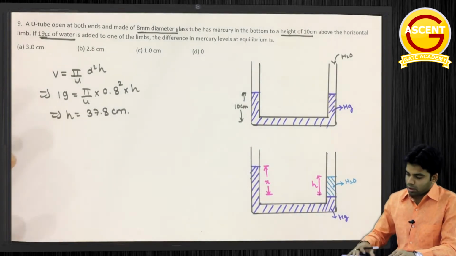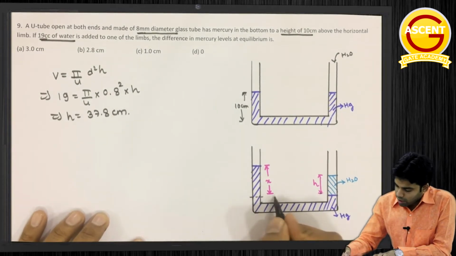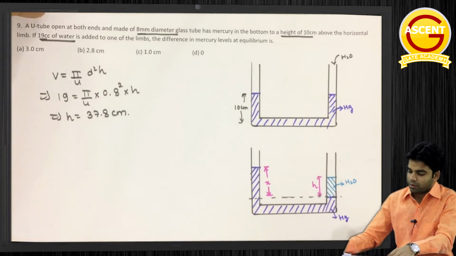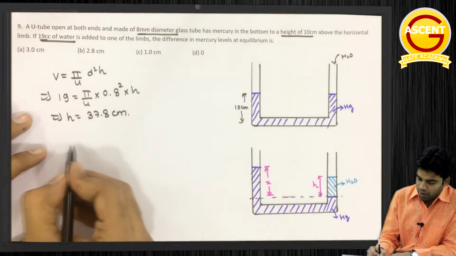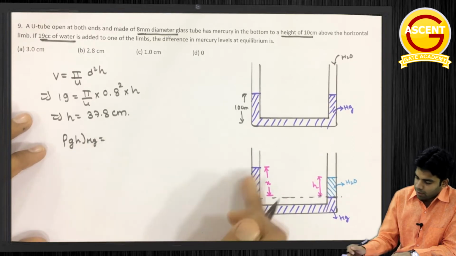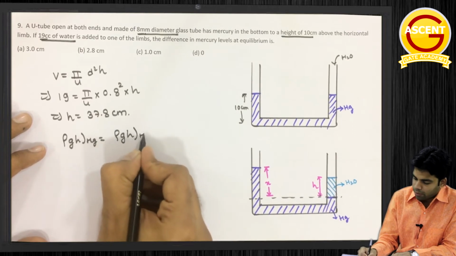Okay, now how can we determine the value of this x? So equating pressure at this level. So here we'll be having rho g h of mercury is equal to rho g h of water.